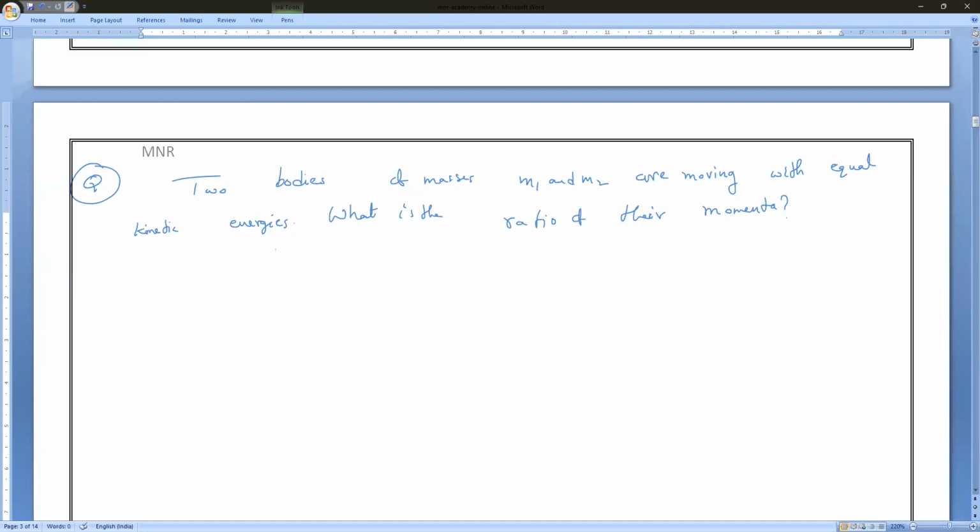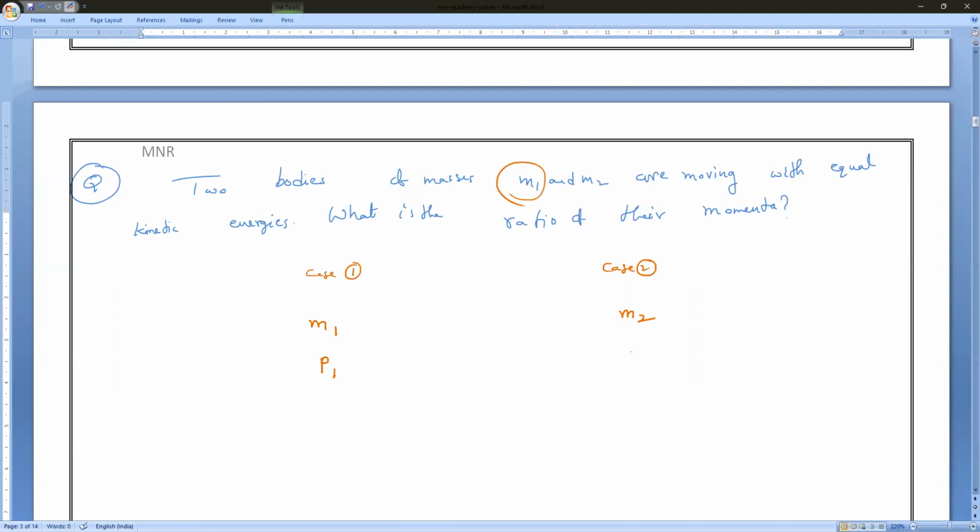Now, first, let me take case one and case two. Two bodies are there. The mass of the first body is M1, the mass of the second body is M2. Momentum of the first body is P1, of the second body P2. This P is not pressure, not power, it is momentum.